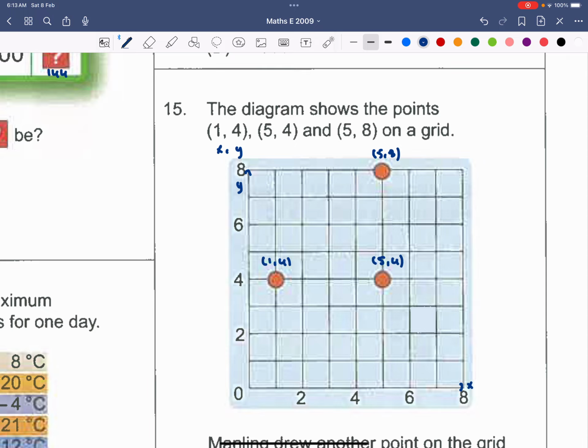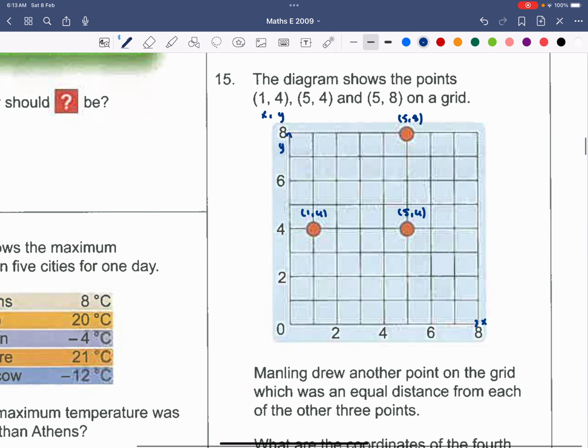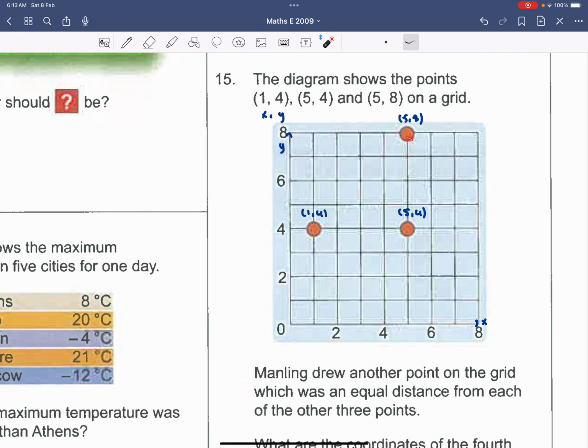Okay, great. So Manling drew another point which was an equal distance from each of the other 3 points. Okay, so guys, what point along this Cartesian plane, along this xy axis, okay, Cartesian plane basically means xy axis, what point along this xy plane is equal distance from the other 3 points?